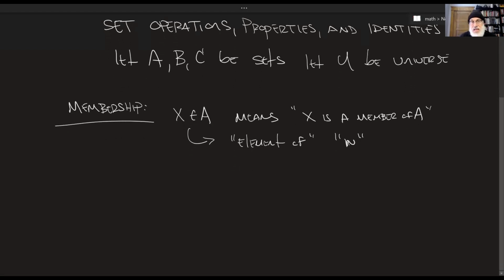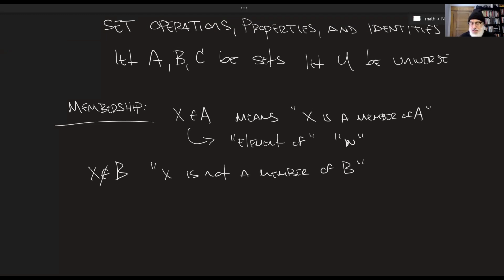If something is not an element, x here is small. It's not a capital X. So if I say this, I mean that x is not a member of B. So with a line crossed through the element symbol, that means not in.